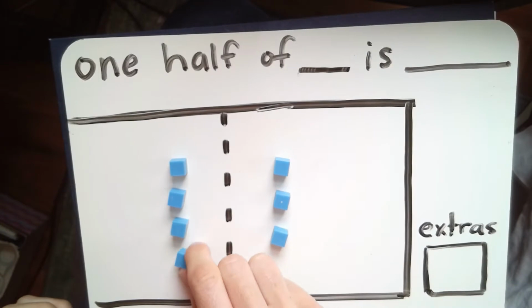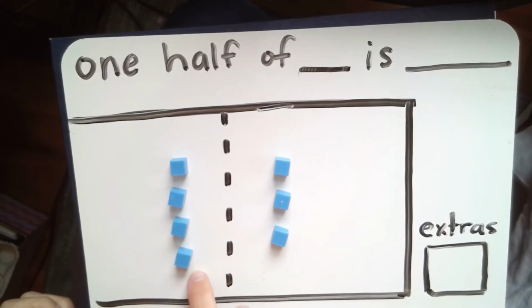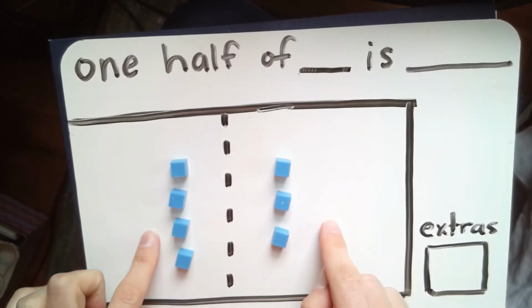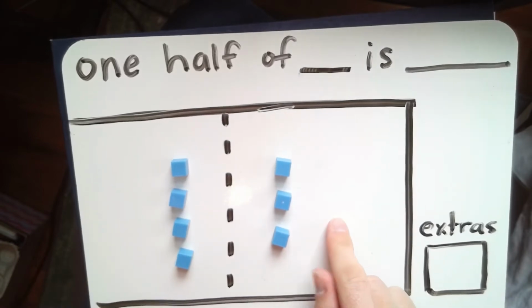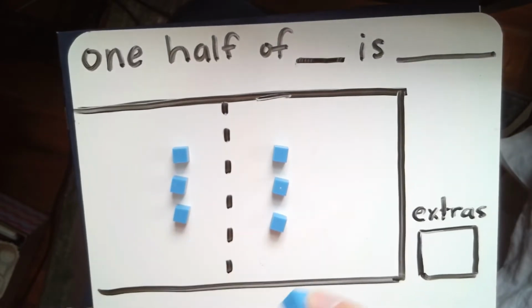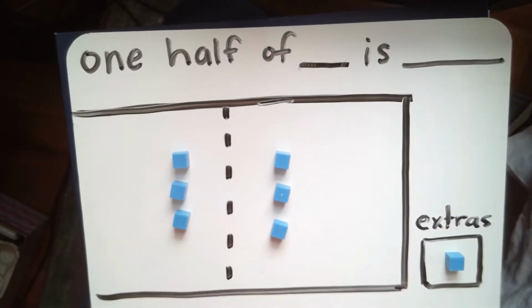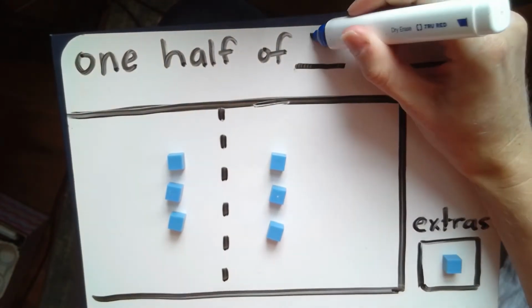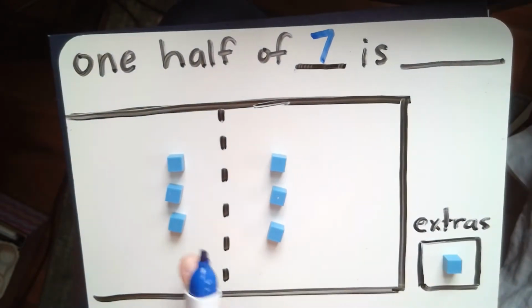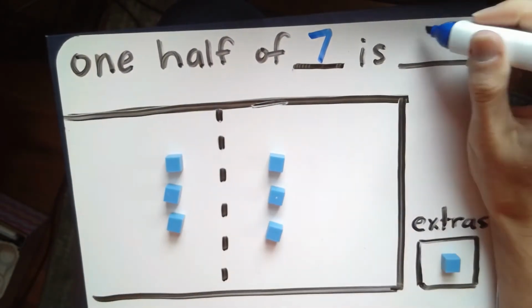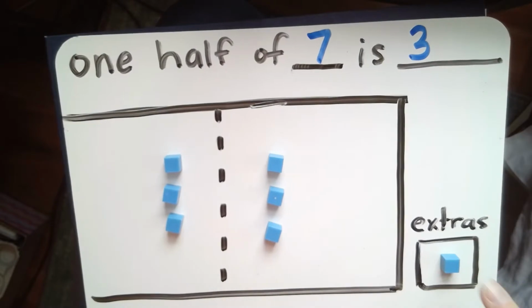Uh-oh. If I put my 7th cube on this side, are both sides still even? No, they're not. So this extra needs to go in the extra box. So 1/2 of 7, this odd number, is 3 with 1 extra.